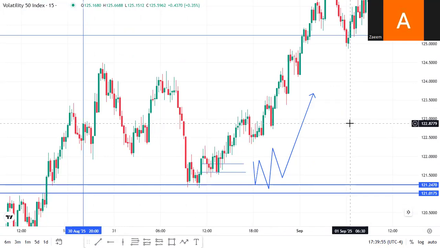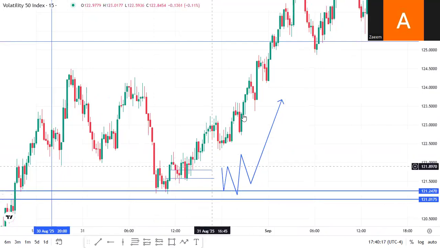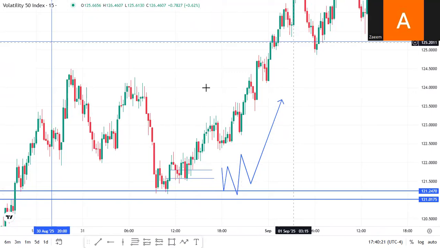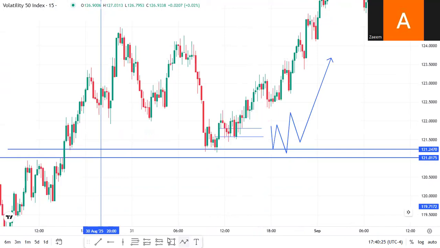But since this is for the 4 hour time frame, my minimum target is 1 to 5. Because synthetics do move a lot, right? It's unlike currency pairs, where we have external factors, that is the news, that can slow the process. But in synthetics, once it is going higher and we are in the right direction, it will continue going higher. So that is one thing I love about synthetics. So if you look at here now, look at it.